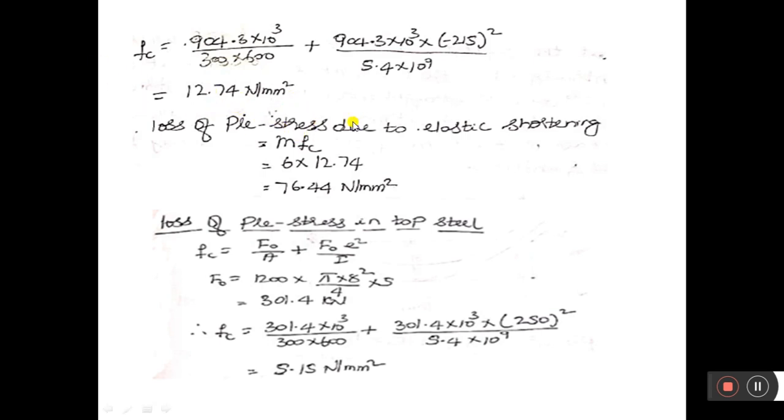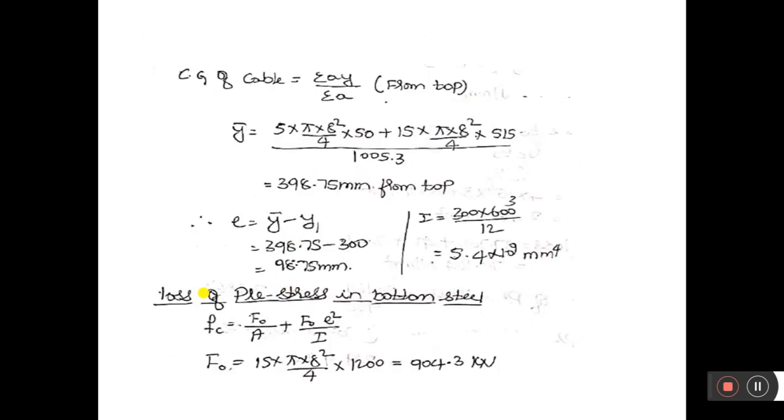So loss of prestress due to elastic shortening is equal to M into Fc. M is given, Fc is 12.76, which we have calculated in the previous step. Therefore loss due to elastic shortening is equal to 76.44 Newton per mm square. So this is the loss of prestress due to the bottom cable.